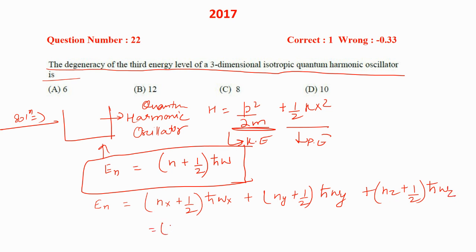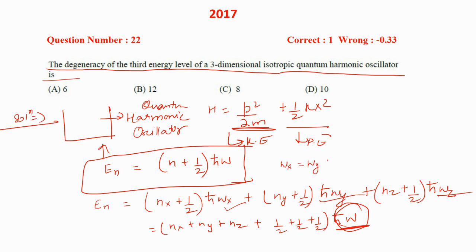So nx plus ny plus nz equals n, and the energy is (n plus 3/2) h cross omega. You know why I have written h cross omega directly? Because omega x, omega y, omega z are three different quantities, but I have written omega for all three of them. The reason is that the question itself says isotropic quantum harmonic oscillator.